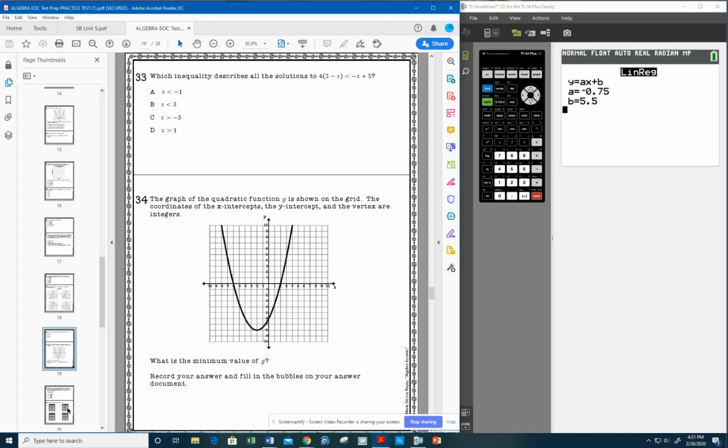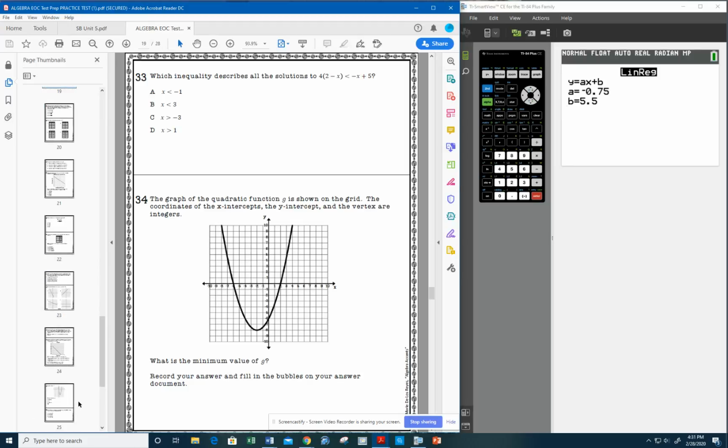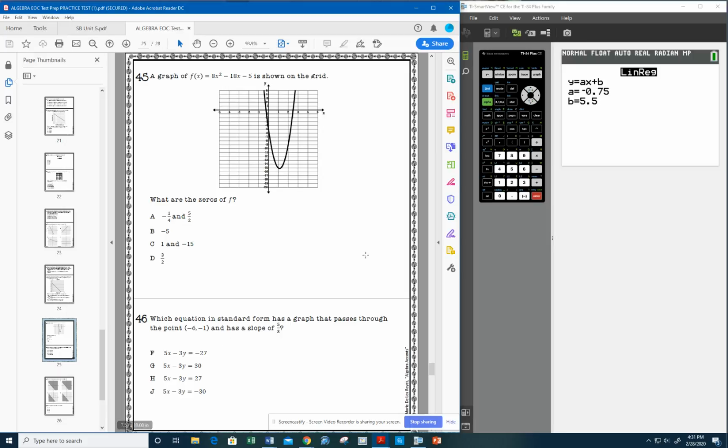And the last question that goes with this section of questions is number 45. This is again one where we're given a graph and it says, what are the zeros of f? It's asking for your x-intercepts. So where does it cross the x-axis?